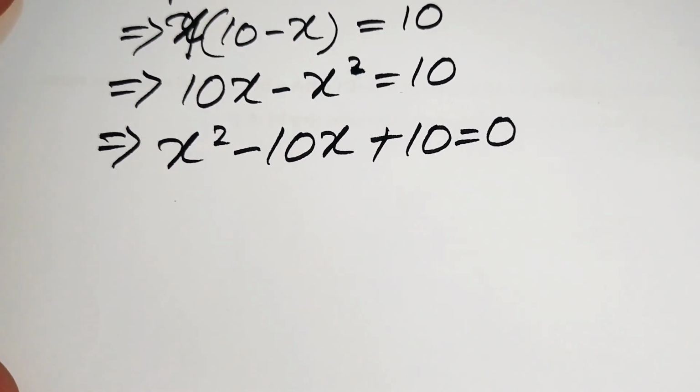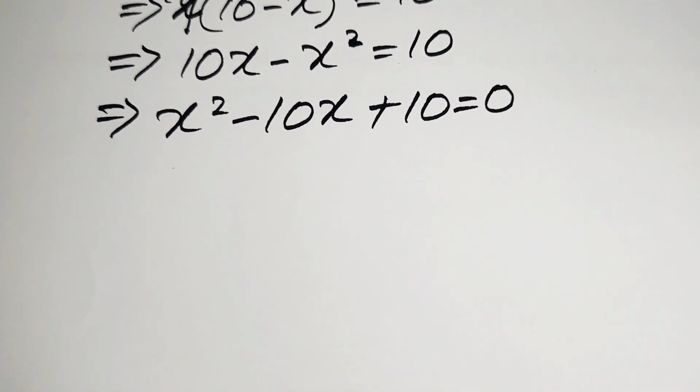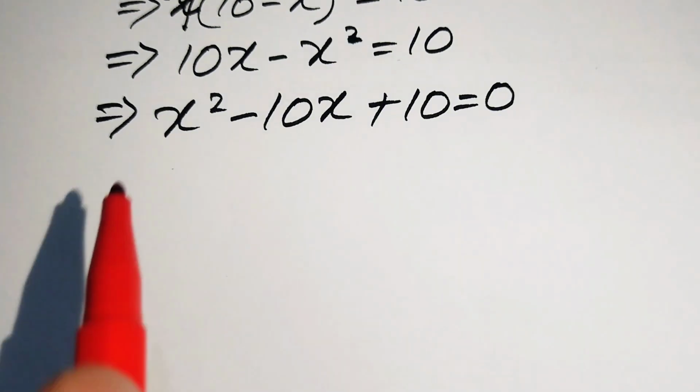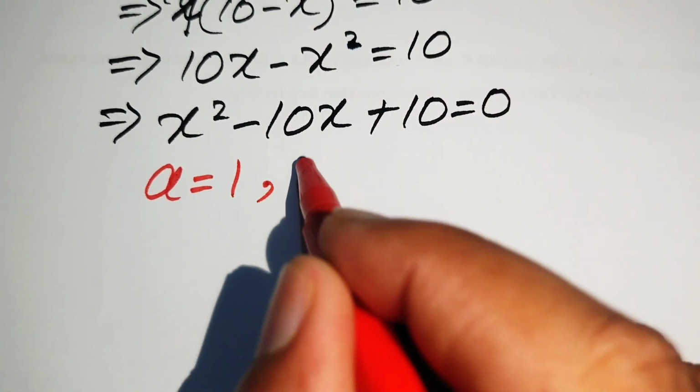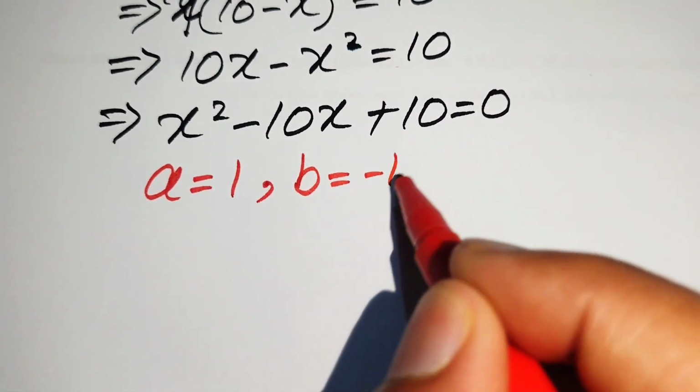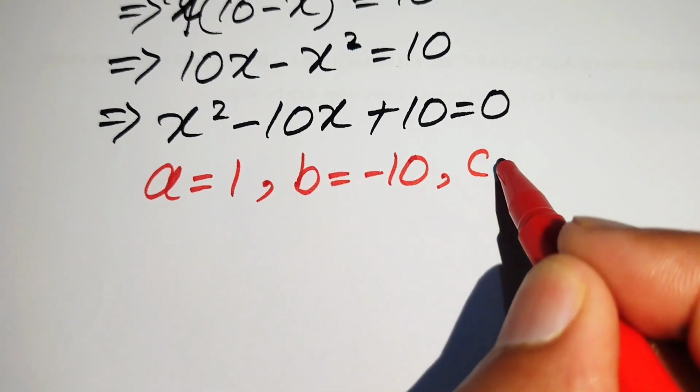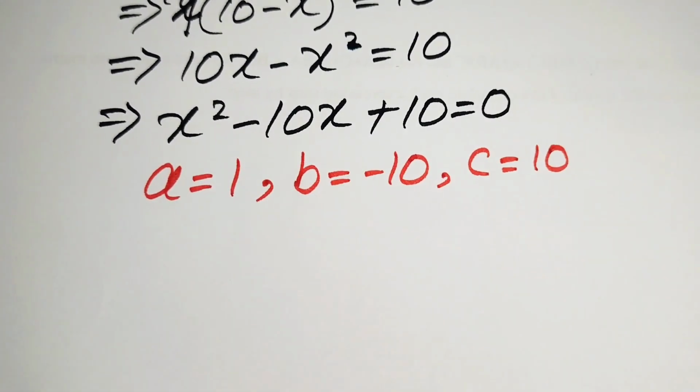This equation becomes quadratic in the x variable, so we use the quadratic formula in order to solve this equation. First we write the coefficients of this equation: a equals 1, b equals minus 10, and c equals plus 10.